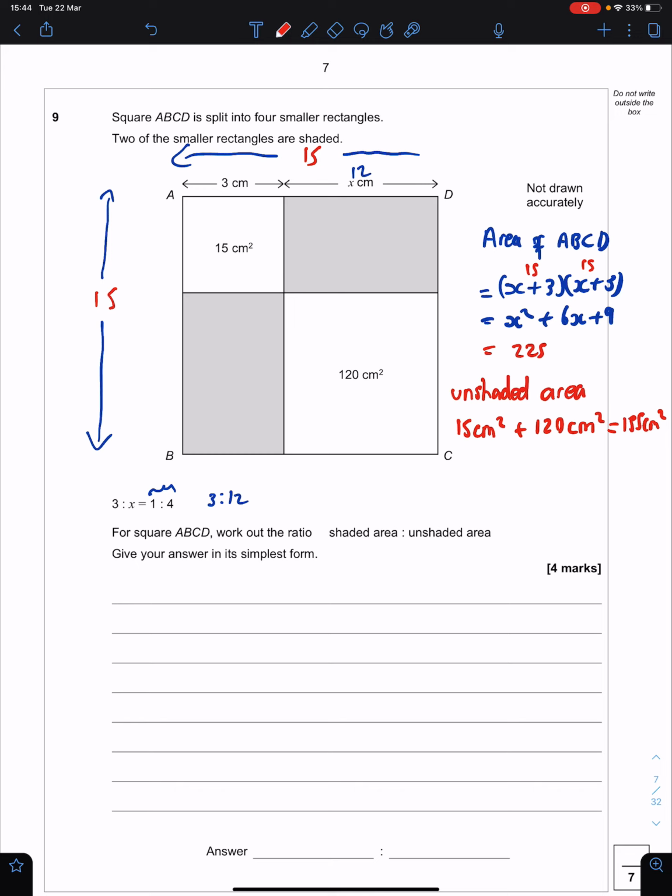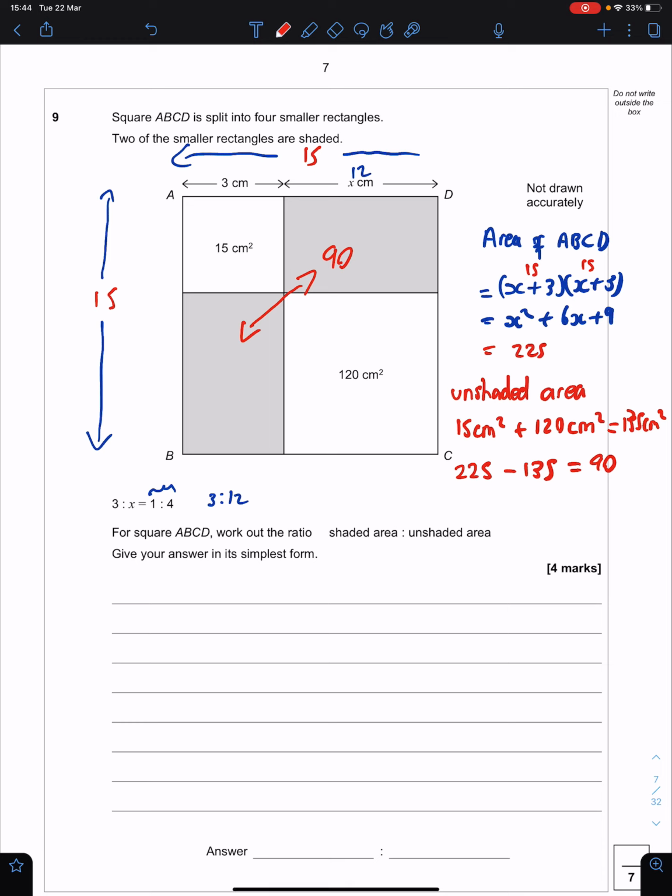We know the area of the full square is 225. So 225 take away 135. Shamelessly use the calculator. I'm going to use the calculator to avoid any unnecessary errors. It's not a risk worth taking. So the shaded area together is going to be 90. So this combined bit gives 90.